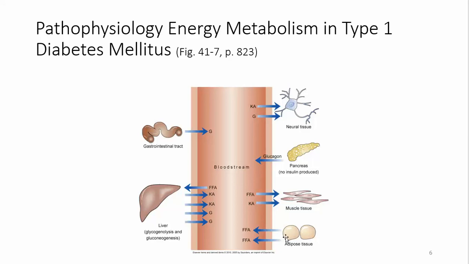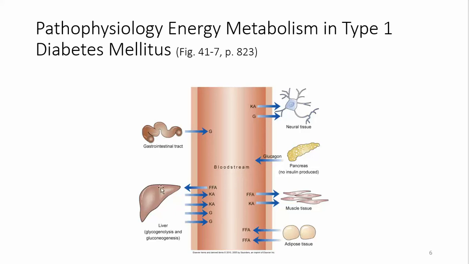Fatty acids are being liberated because glucagon is being released. Free fatty acids and keto acids end up fueling the tissues. Keto acids fuel the neurons, which is not ideal.